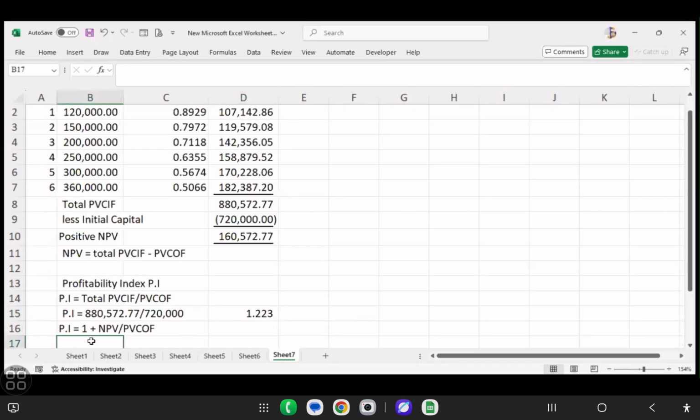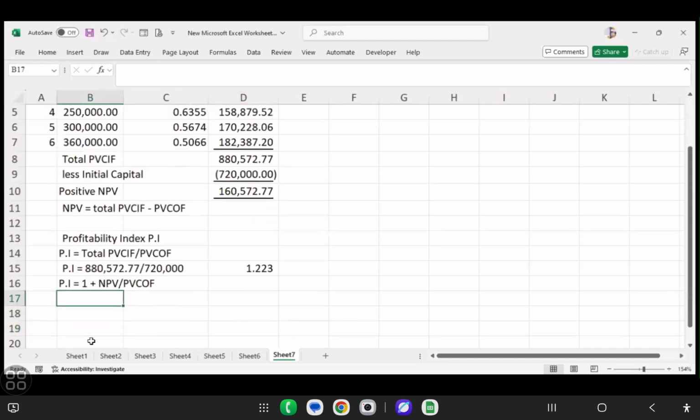The other option could be profitability index is equal to 1 plus the NPV. How much is our NPV?